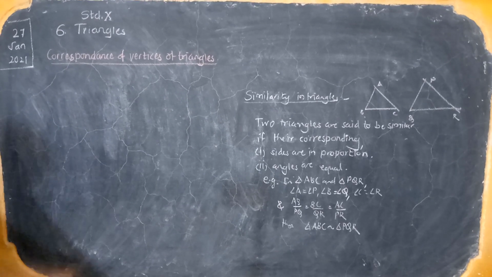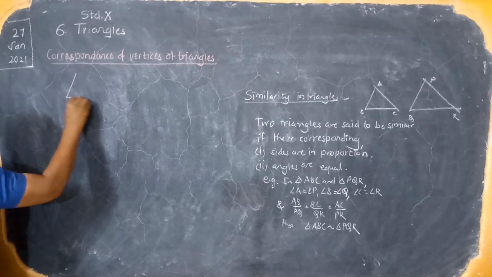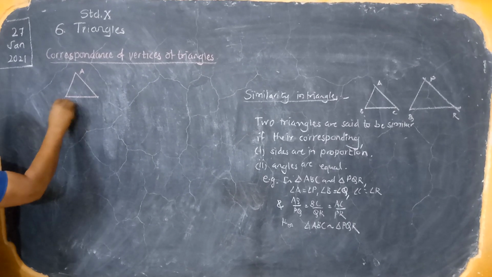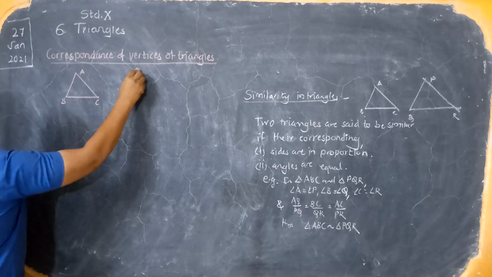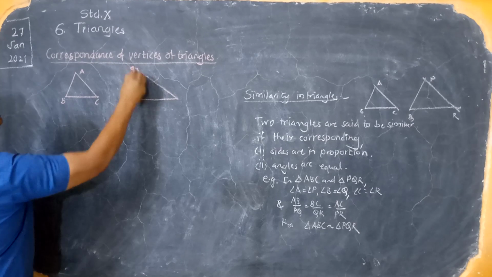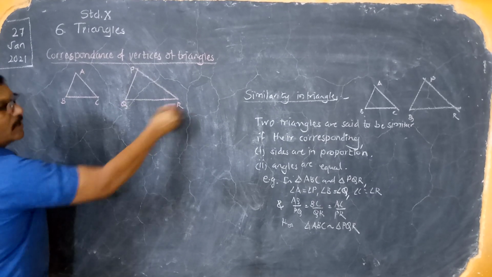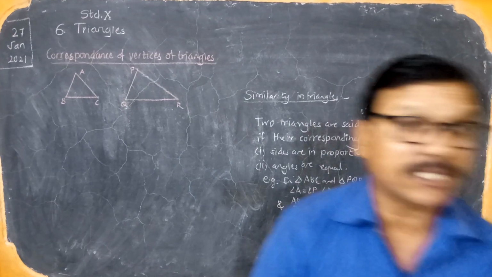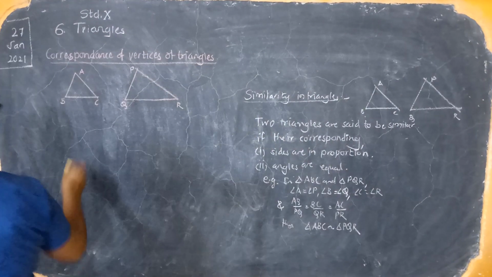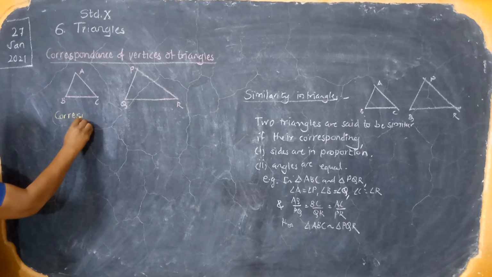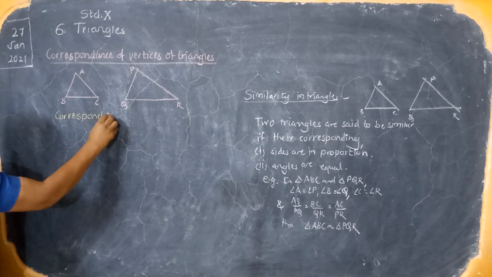Correspondence of vertices of triangles. If we take two triangles, now look here: triangle ABC and triangle PQR. Correspondence of vertices can be written in 6 ways.